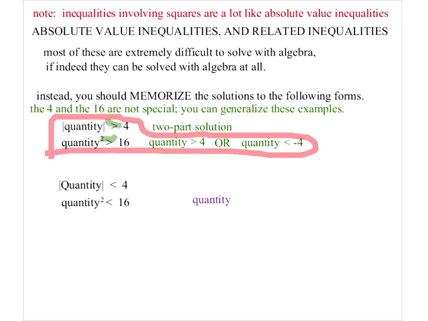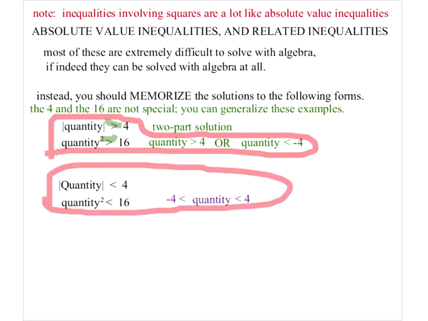It's going to be stuck between a negative value on the one end and a positive value on the other end. Notice that in the case of the 16, it's the square root of whatever this quantity is because this is squared, but it's the same solution. Either one of those two inequalities is identical.